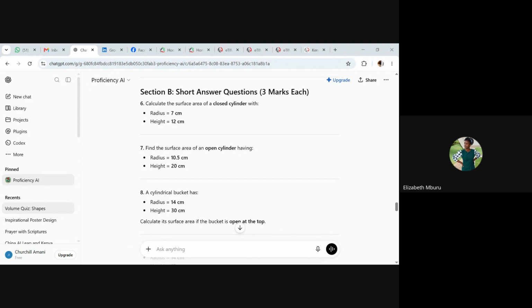You get 22/7 times 14 times 14. You get 616. And then 2 pi r height, you get 2 times 22/7 times 14 times 30. You get the answer to be 2640 centimeters. So you add 616 plus 2640. You get the answer as 3256 centimeters squared.